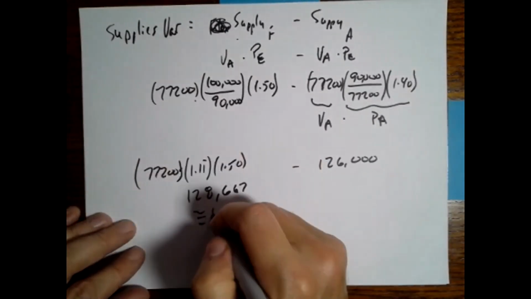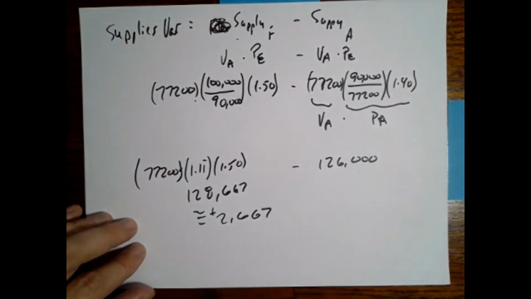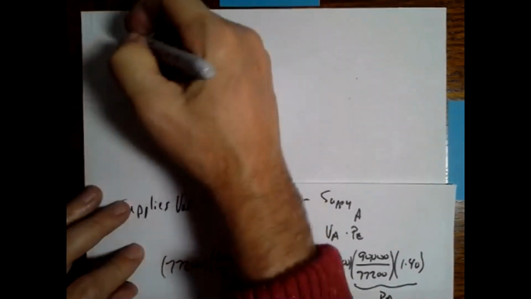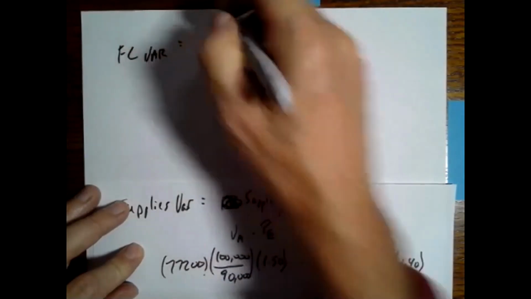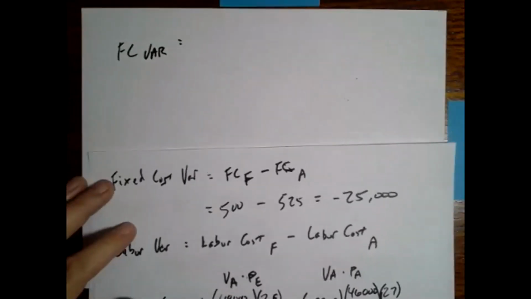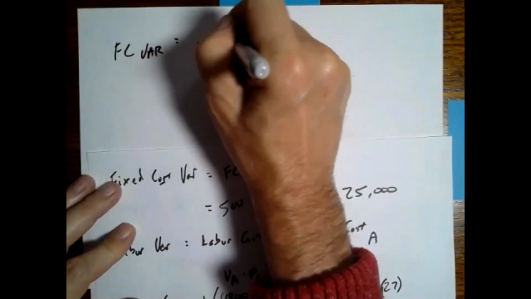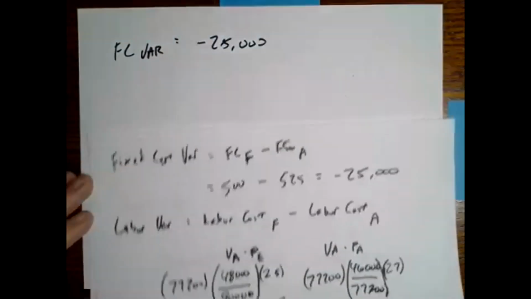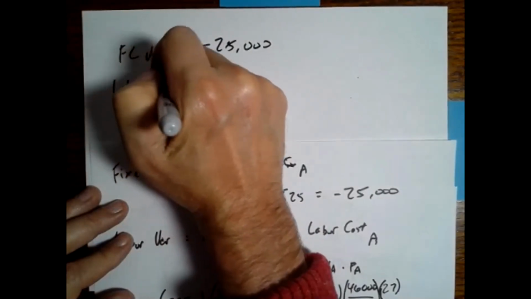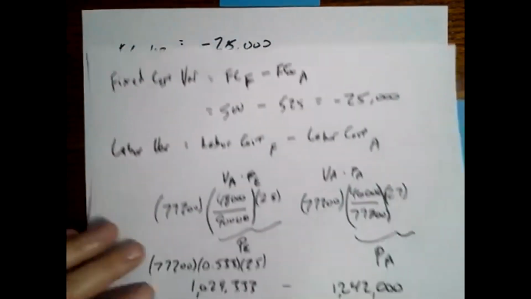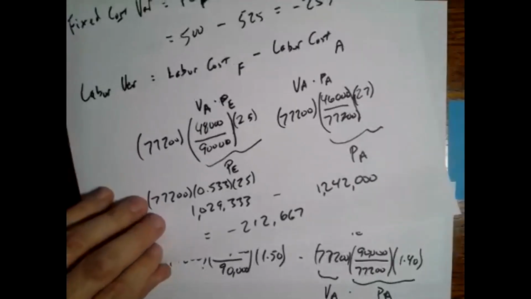So our supplies variance is plus 2,667. So let's summarize this. Fixed cost variance was minus 25,000. Labor variance, we came up with 212,667.